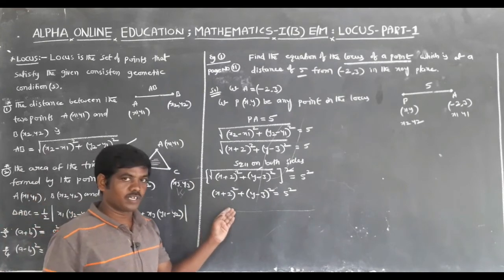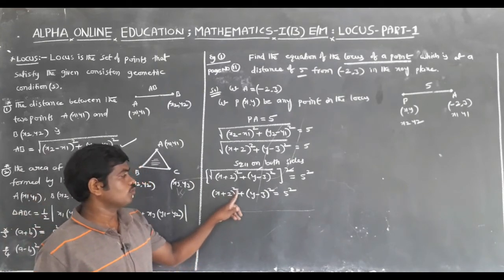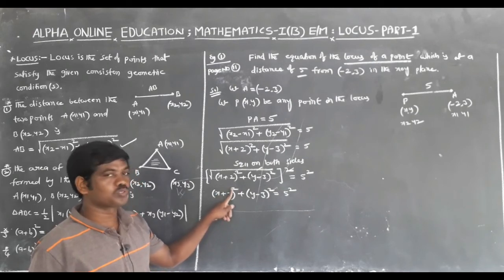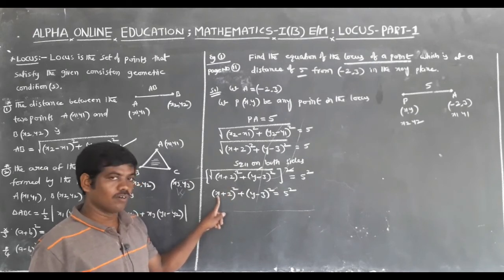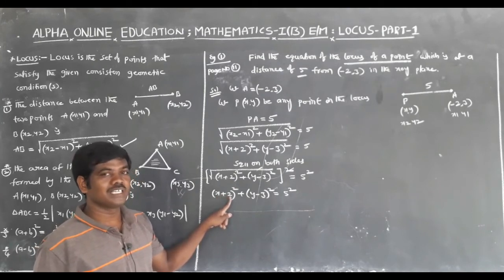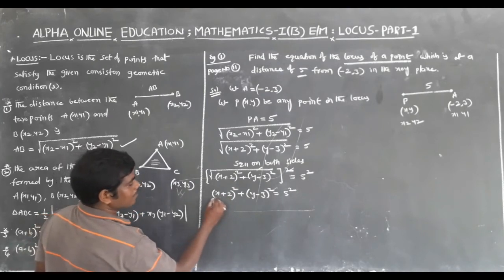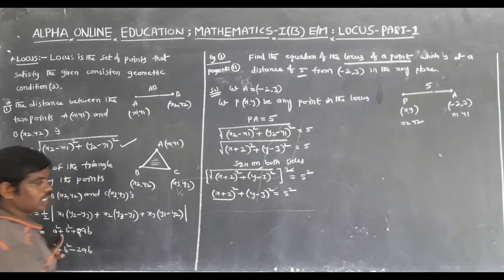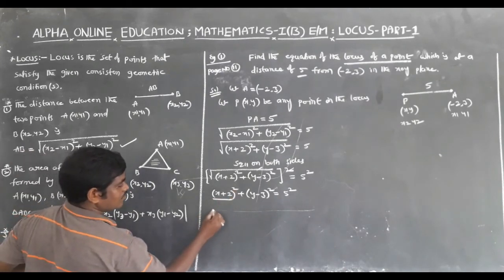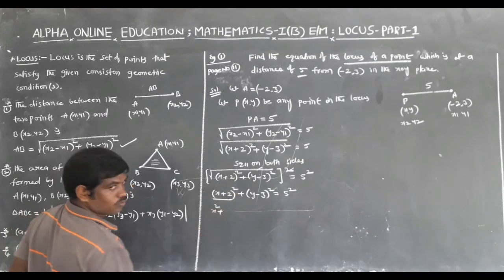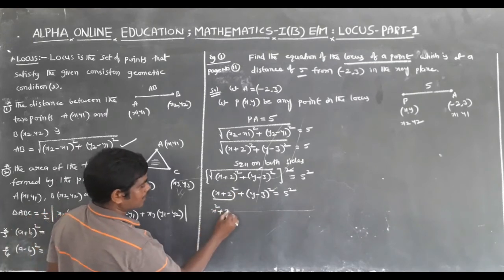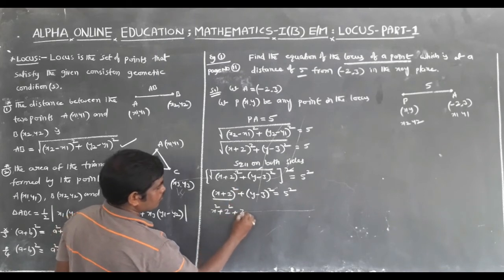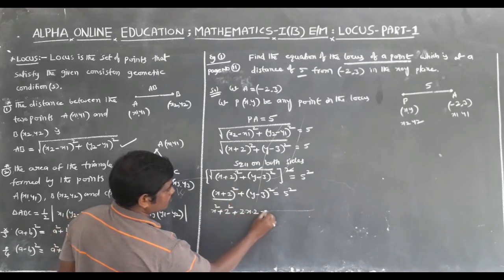Now simplifying (x plus 2) whole square using (a plus b) whole square, with a equal to x and b equal to 2: a square plus b square plus 2ab, which is x square plus 4 plus 2 into x into 2.